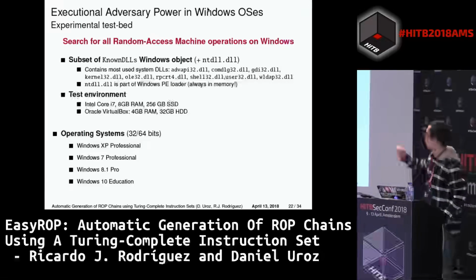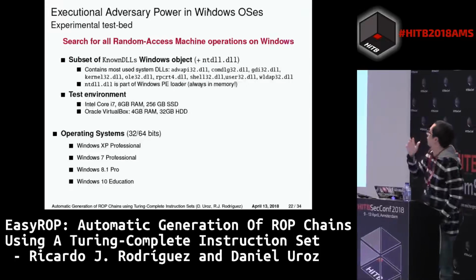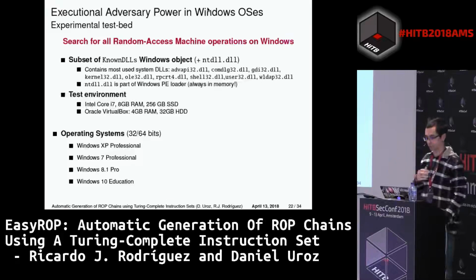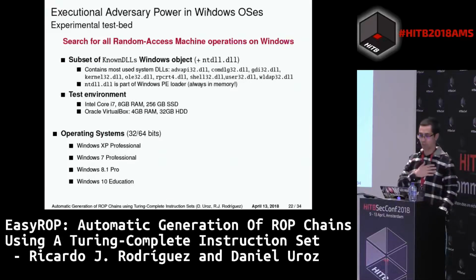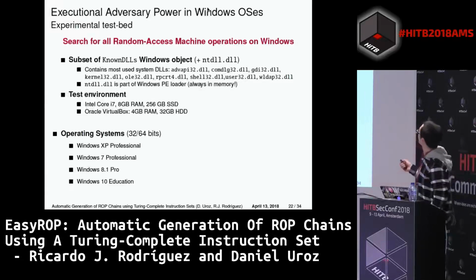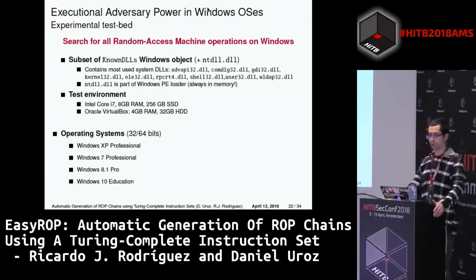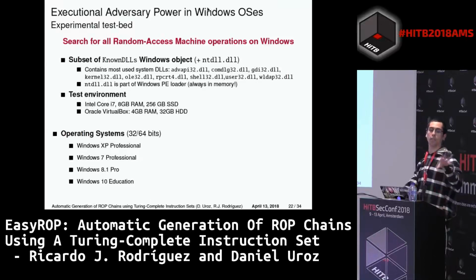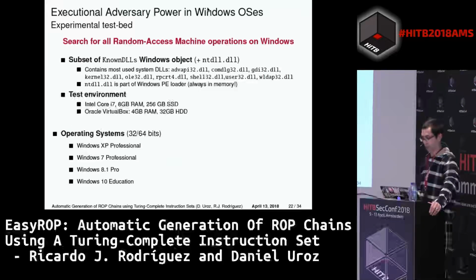From these, we have taken the ones which, under our criteria, are the most common when we have an application developed for Windows. We have also considered this other DLL, which is always loaded with Windows because it's part of the Windows image loader. It's the part in Windows that puts every single binary into memory.